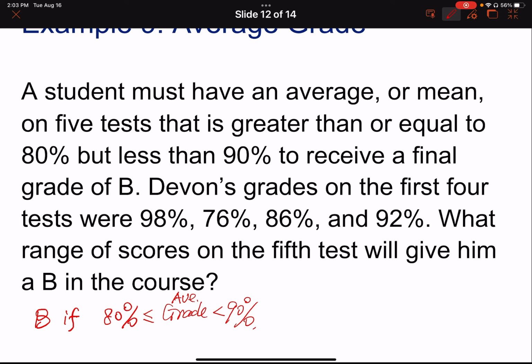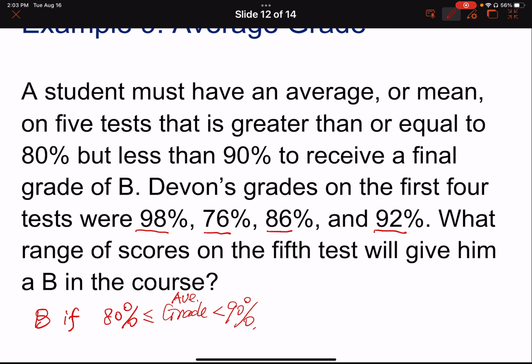We'll assume that a student had 98 on the first test, 76 on the second test, 86 on the third test, and 92 on the fourth test. And suppose the student wants to know what grade the student has to make in order to get a B in the course, right? So this is a simple calculation here.